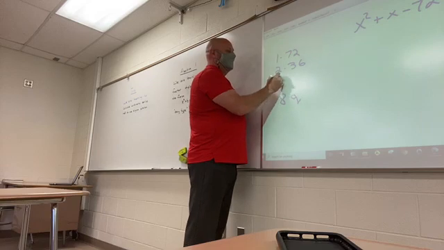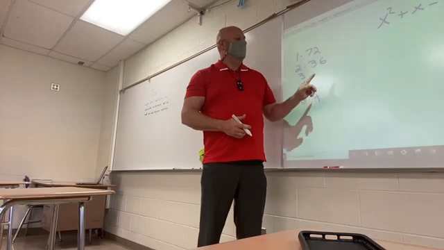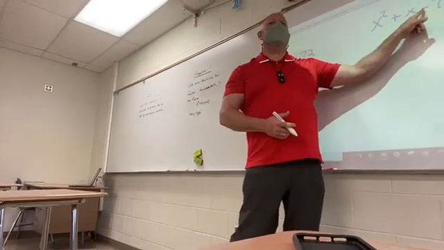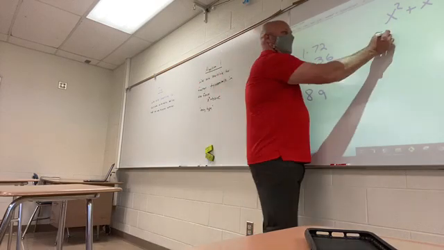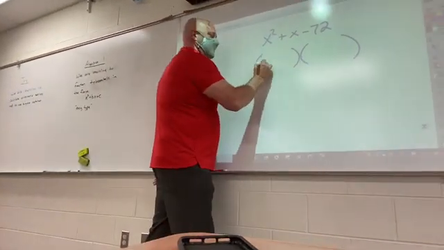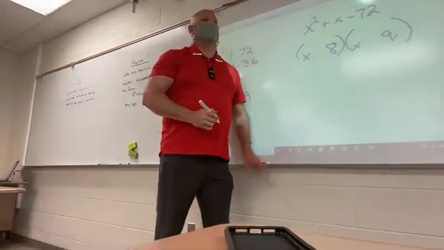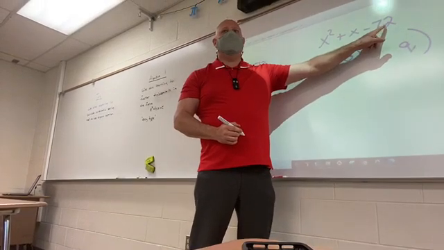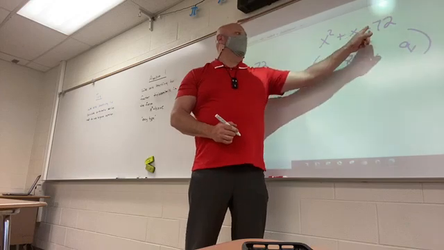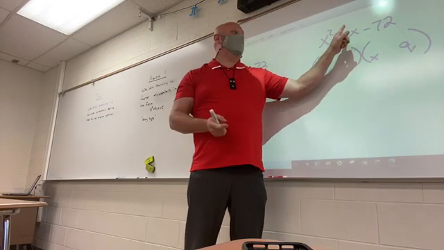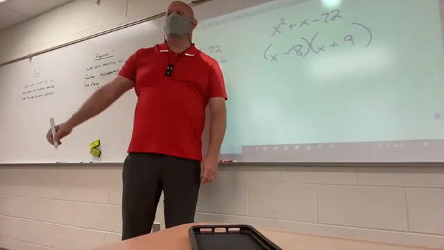Yeah, 3 will go in there, 6 will go in there. There's a bunch more. But which of those also subtract to 1? 8 and 9. So if you can come up with two numbers that multiply to 72 and subtract to 1, 8 and 9. My signs have to be different. The bigger one is the positive. You're done.